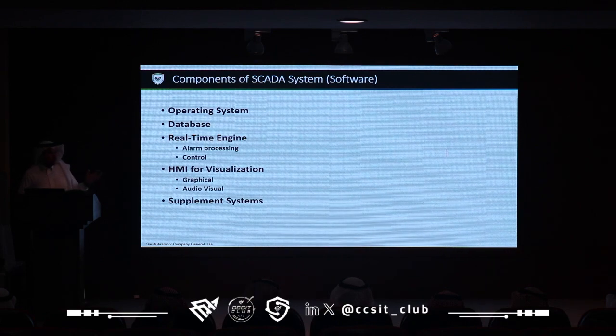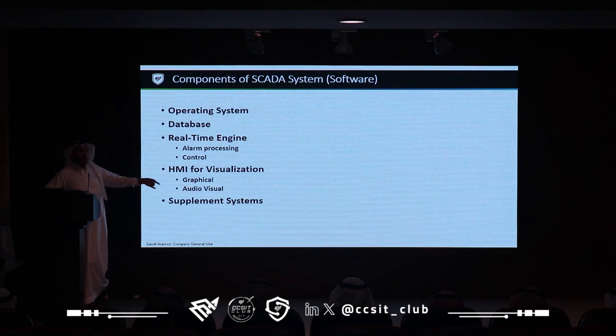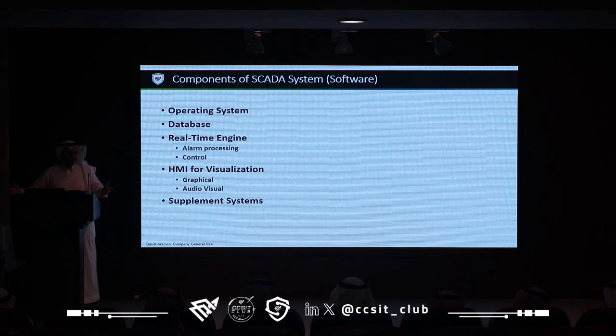Also, some plants link with another system called the emergency shutdown system. If this limit is severe, it will give an automatic command to the emergency shutdown system to shut down the whole plant. Why is cybersecurity important? Because some attacker could interfere with this process and shut down your plant.